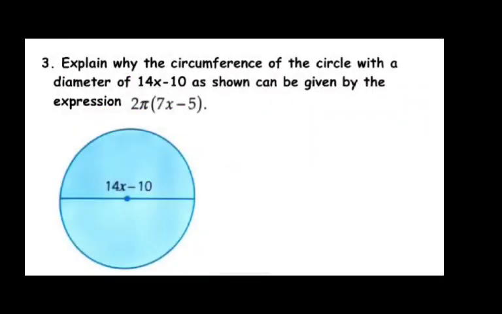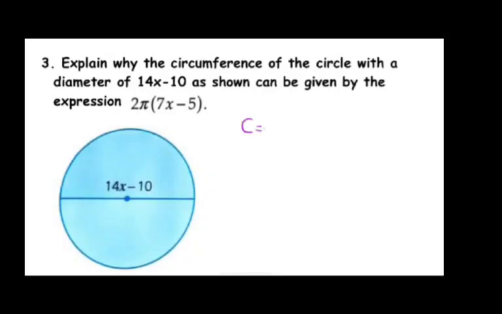Okay, the next one says, explain why the circumference of the circle with a diameter of 14x minus 10 as shown can be given by the expression 2 pi, 7x minus 5. Alright, so now what is the formula of circumference?